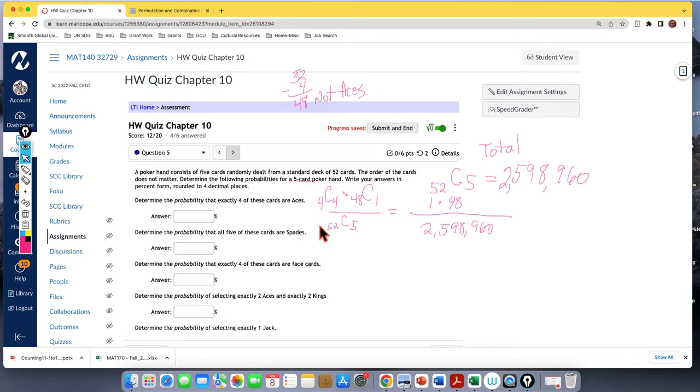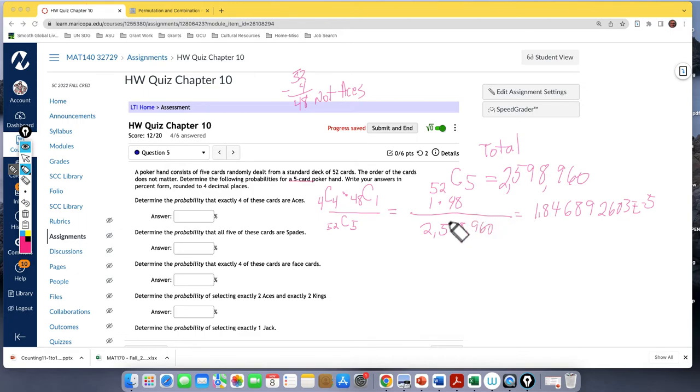They want it as a percentage, so I'll write this out as I go, just so you can kind of see. So I got 1.846892603e to the minus 5. And what that means is that I need to move the decimal back 5 places.